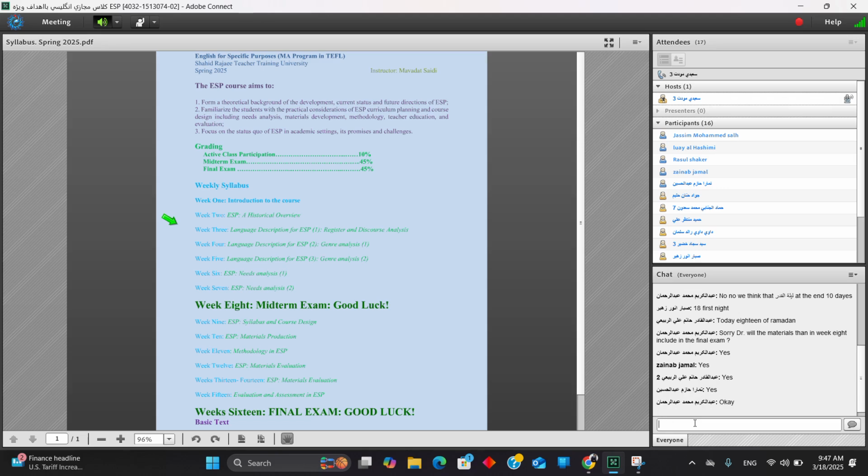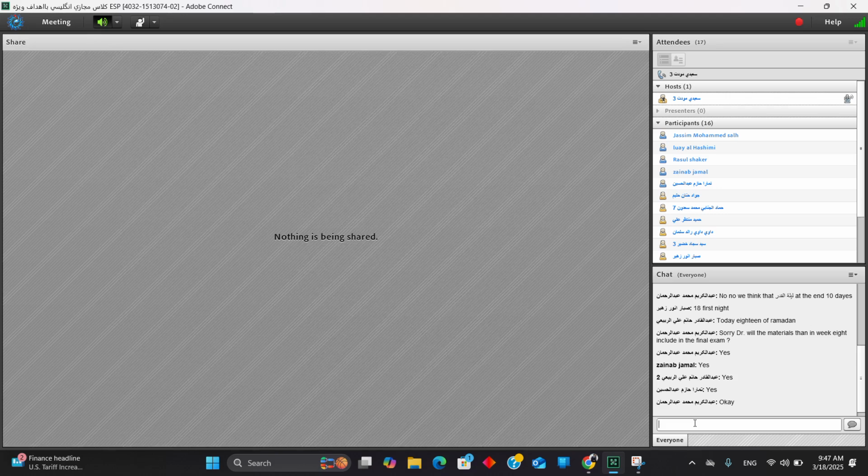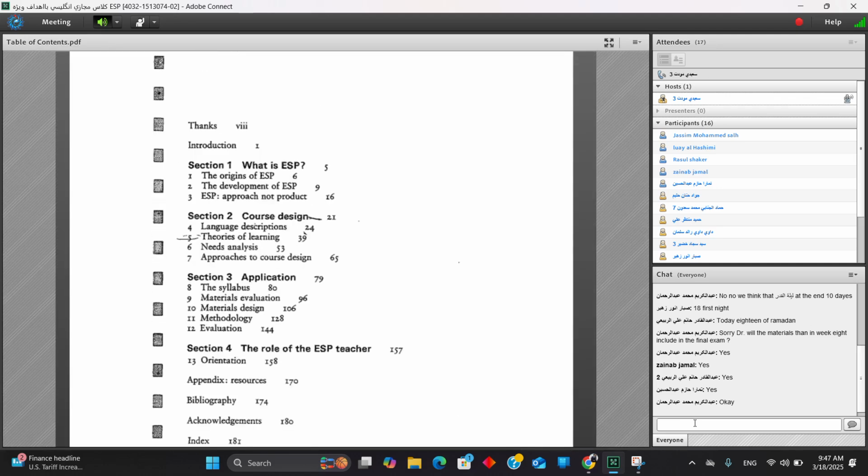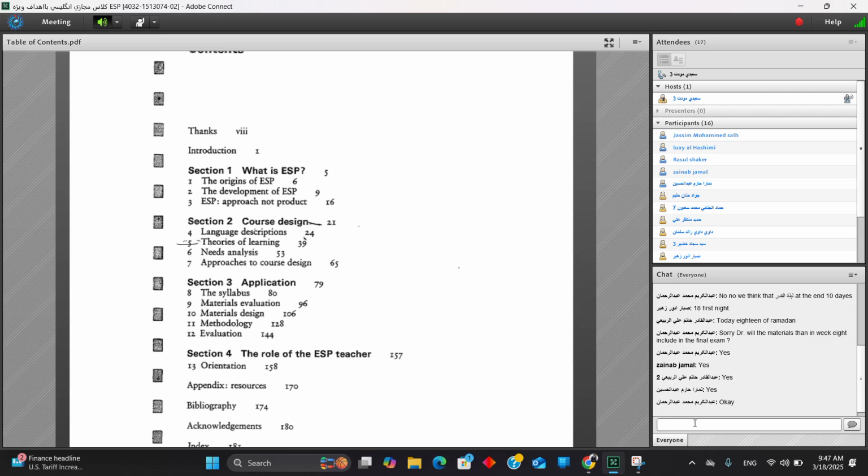Okay, good. So let me share the table of contents of the book so that we talk about its content. As you see, the chapters are quite short, almost 6 to 10 pages each. The book has 4 sections. Section 1 is related to ESP: what is ESP?